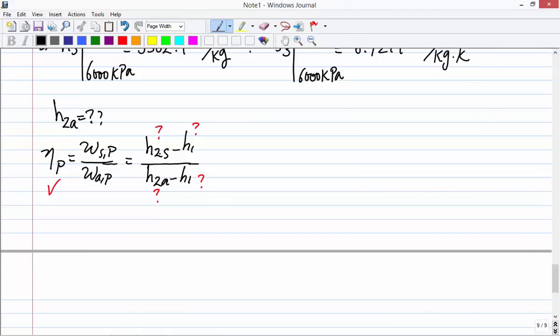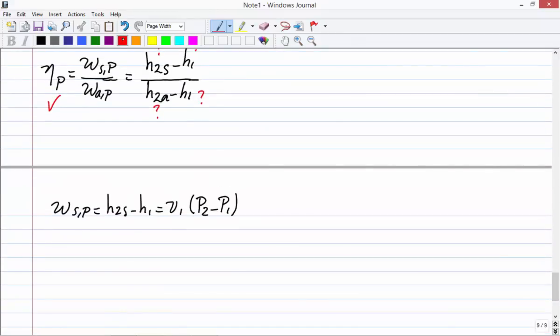Now, if we assume that the process was isentropic, and it is here in this question, but I'm just talking generally, then we know that the isentropic work for the pump would be H2S minus H1, which in the other form is little v, specific volume, times the difference in pressures, right?